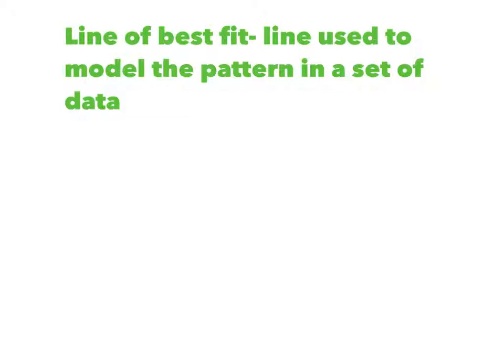We know that it's not going to be right 100% of the time, but if we want to make an educated guess, it's a good guess of what's going to happen. So you can either draw this by hand, which we're going to do, or you can use something that's called a linear regression tool on the calculator. We're not going to learn how to do that. We will just draw it by hand and find a line of best fit.